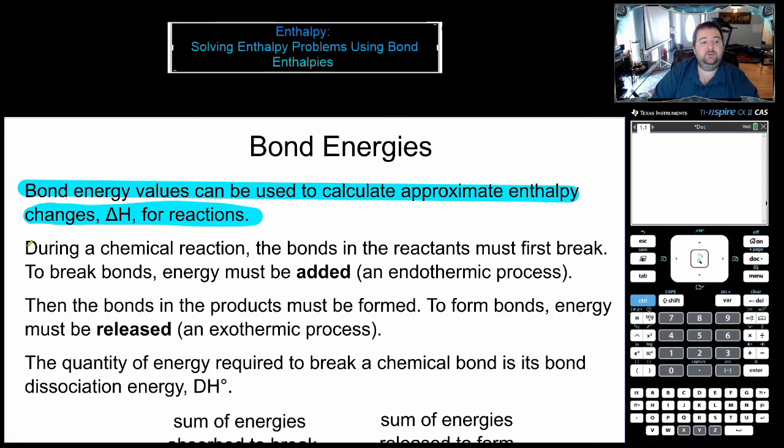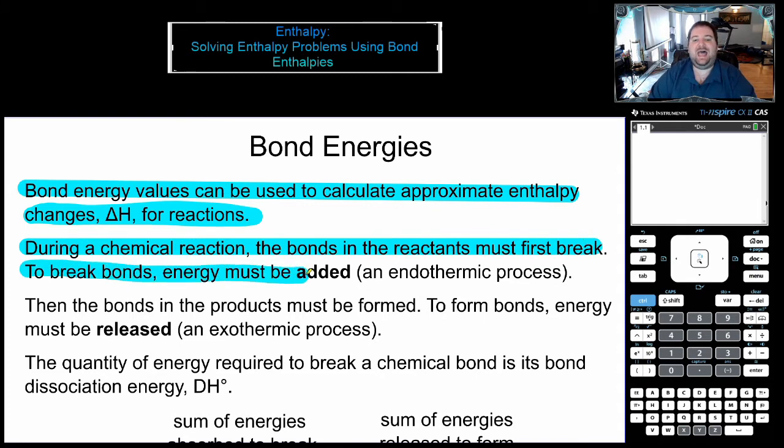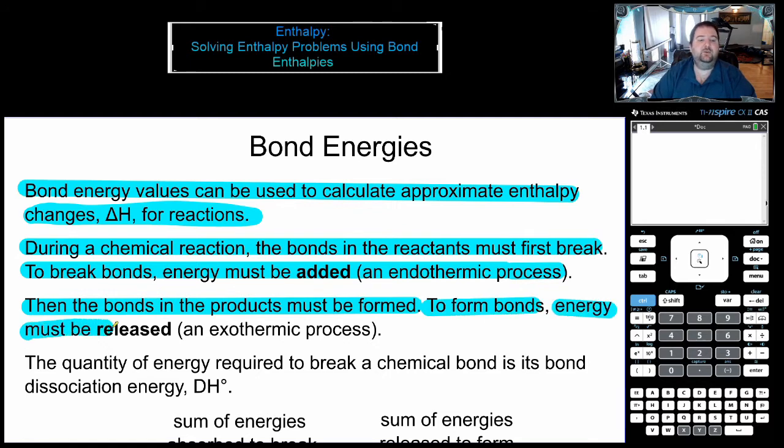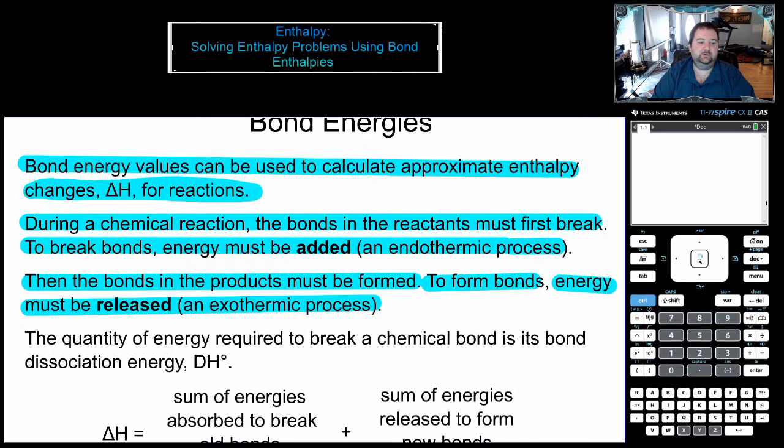So we know that during a chemical reaction, the bonds in the reactants have to break. And to break those bonds, you actually have to add energy to them, which is, of course, an endothermic process. Then the bonds in the new products have to be formed. And to form those bonds, energy is going to be released, which is, of course, an exothermic process.